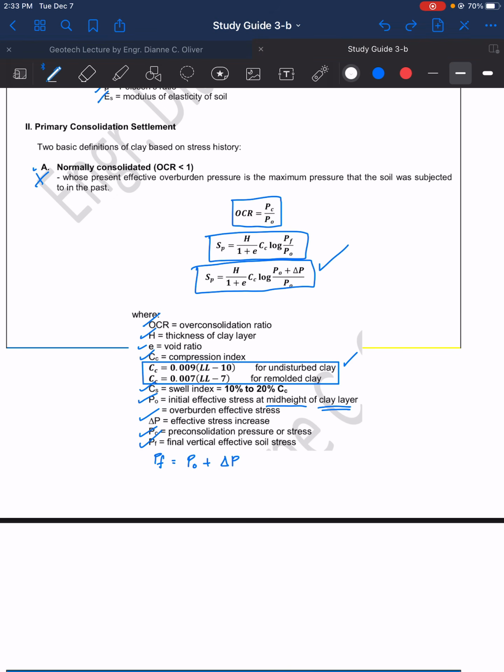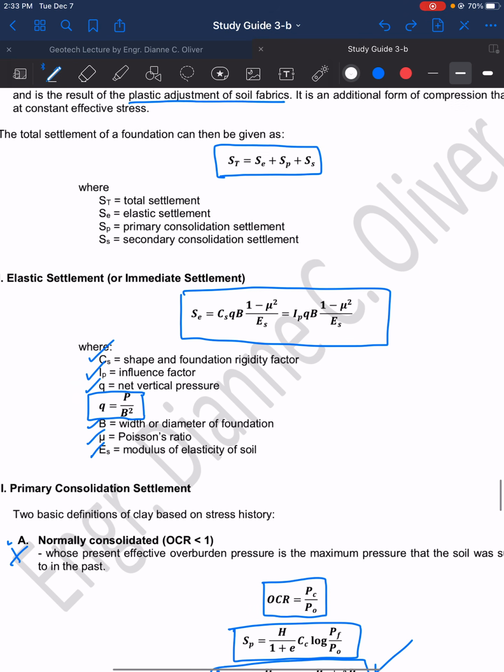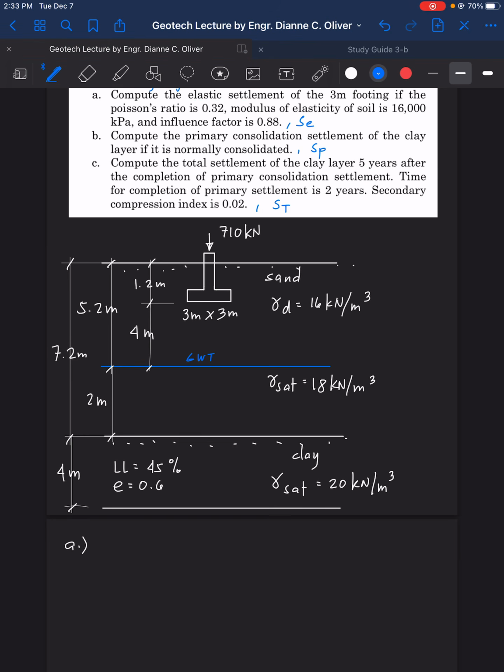Letter A, formula for elastic settlement. So there you go. So that's the formula. So are we going to use this or this one? Depends on whether we use the foundation factor or foundation rigidity factor or the influence factor. In the problem, what we have here is the influence factor.